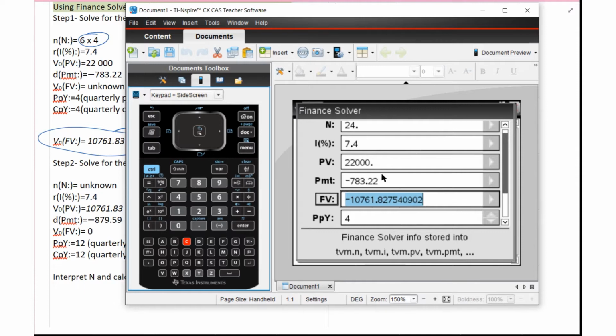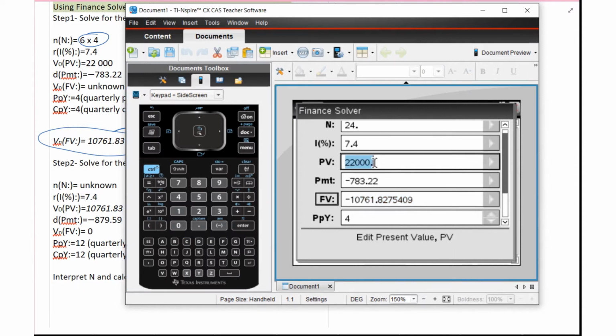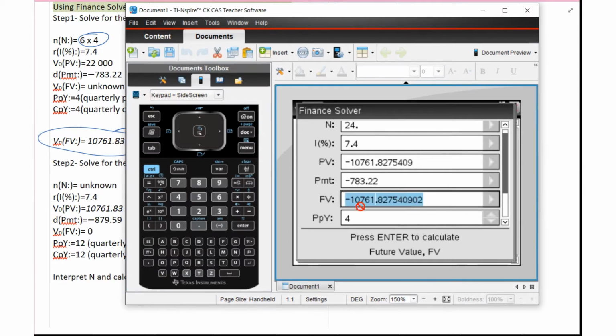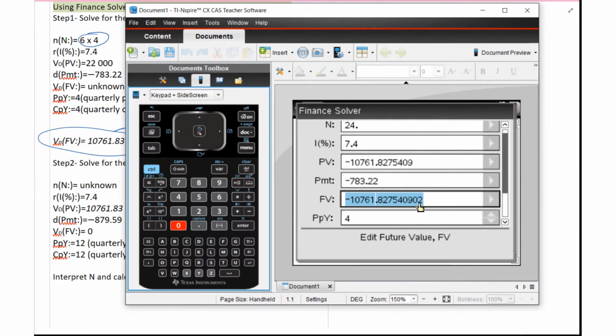Copy it, because that's now my principal value, because that's where I'm starting at with this. My final value is going to be a nice big 0.